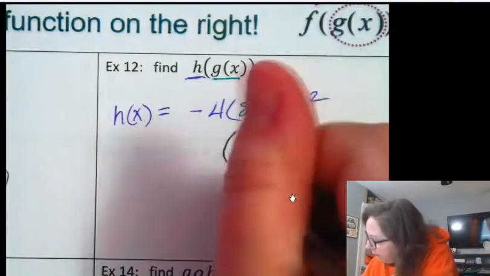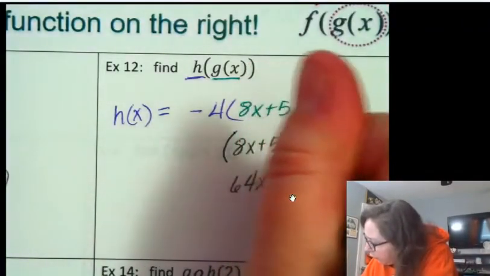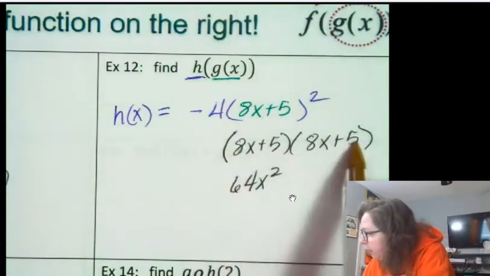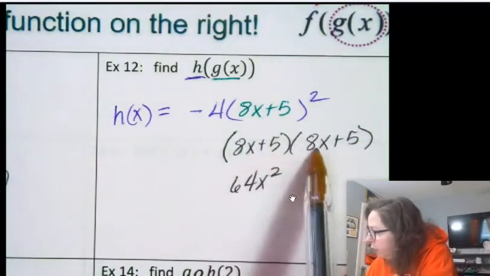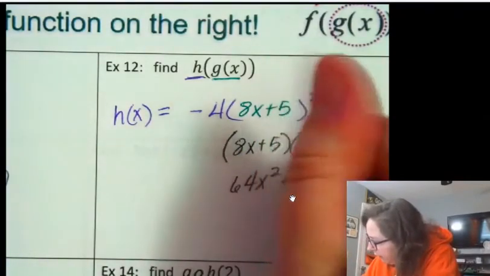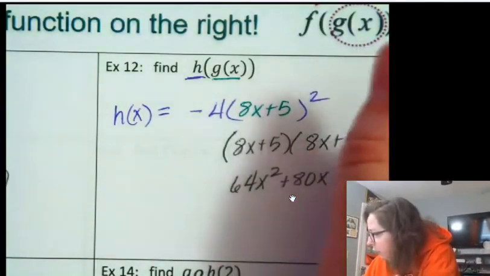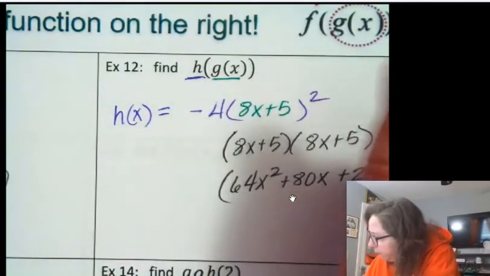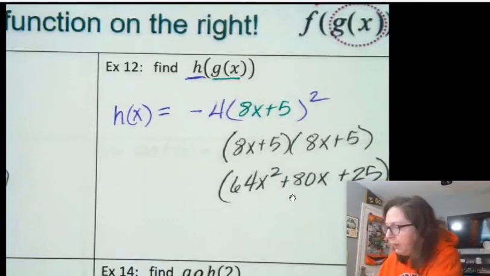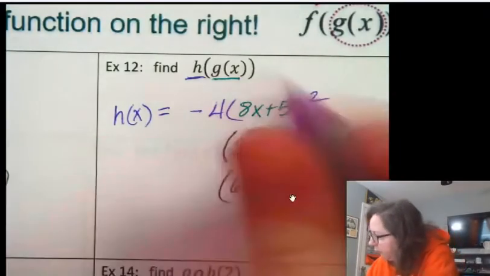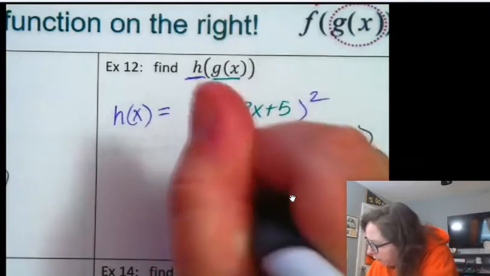That will be 64x squared plus 40x plus 40x is 80x plus 25. And then don't forget to continue to bring down this negative 4.